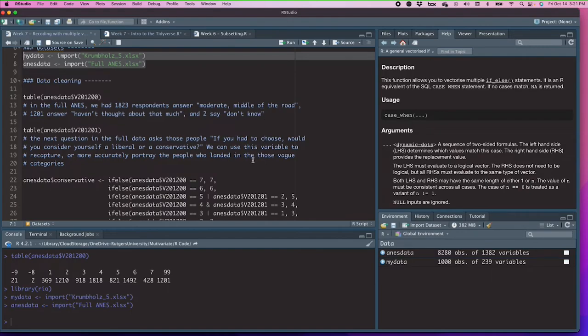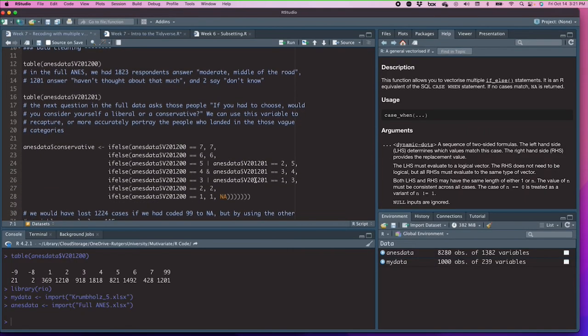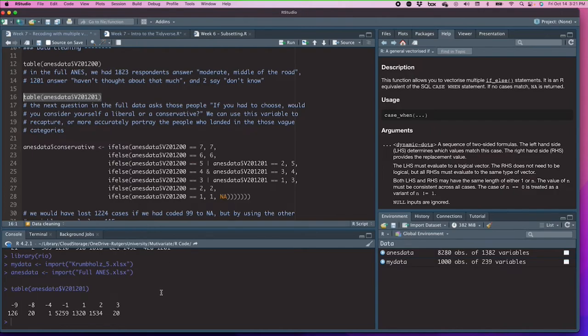So the ANES actually follows that question up with another question that says, if you had to choose, would you consider yourself a liberal or a conservative? If we want to look at it, here's the original variable and this follow-up variable. These were all inapplicable because they only asked the question of people who said moderate, haven't thought about that much, or don't know.